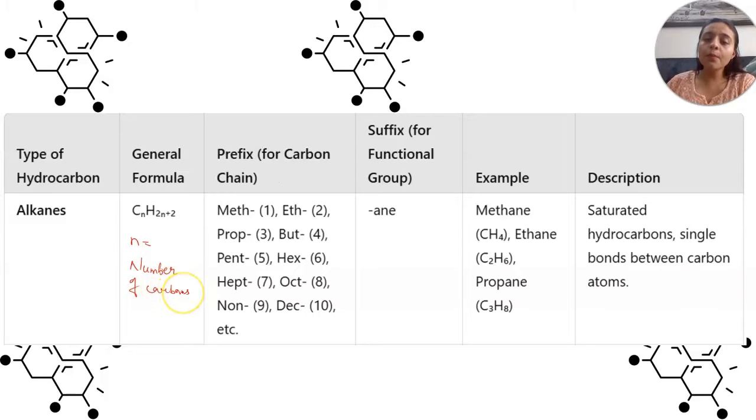Depending upon the number of carbons, if the number of carbons is 2, then H will be 2n+2, which is 2 multiplied by 2, which is 4, plus 2, so we will get C2H6. In this way, if carbon is of 2 atoms, we will automatically consider it as eth, or while naming the hydrocarbon of alkane, we need to start it with eth.